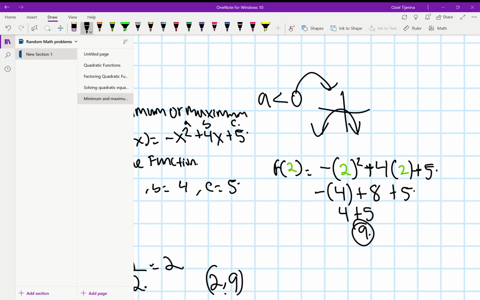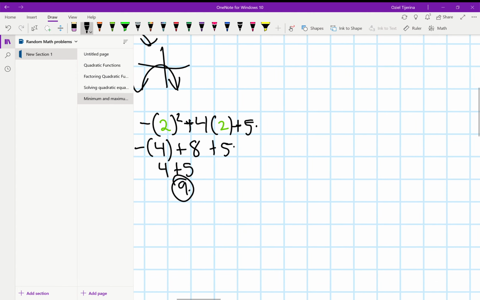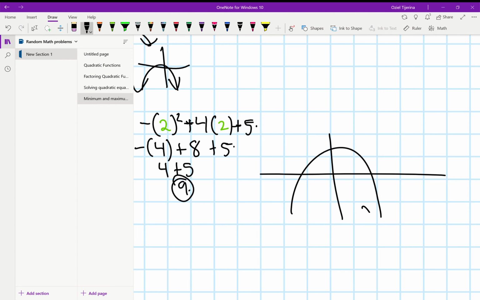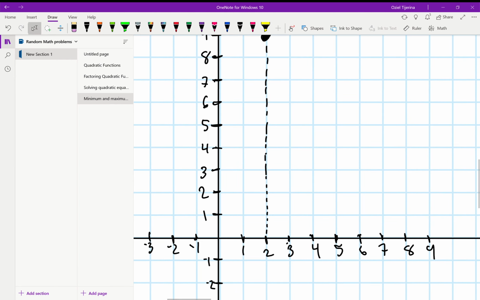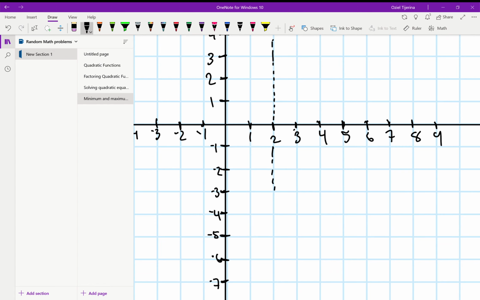So when you have a is less than 0 and you have a downwards parabola, basically this will be your maximum value. Okay, so we already know we're going to have a maximum value. Now all we have to do is graph it.